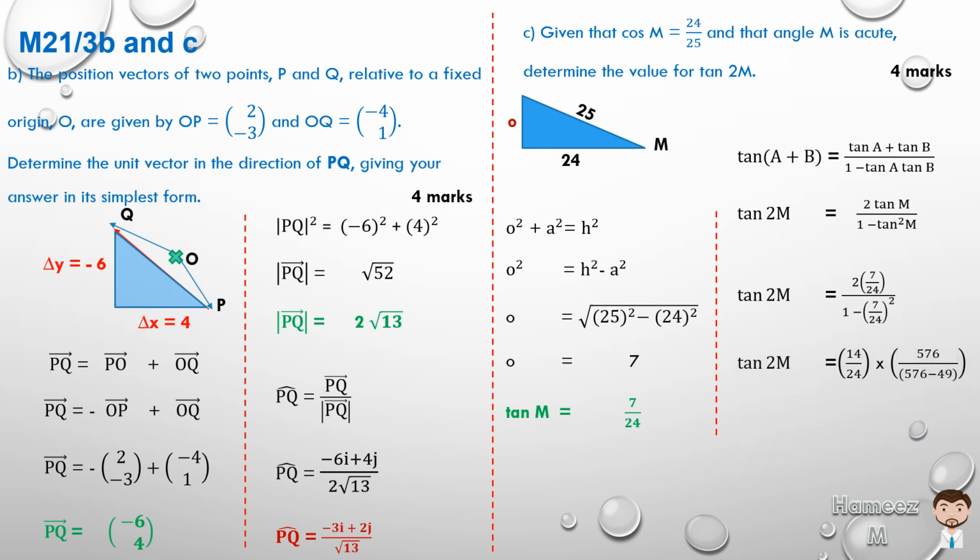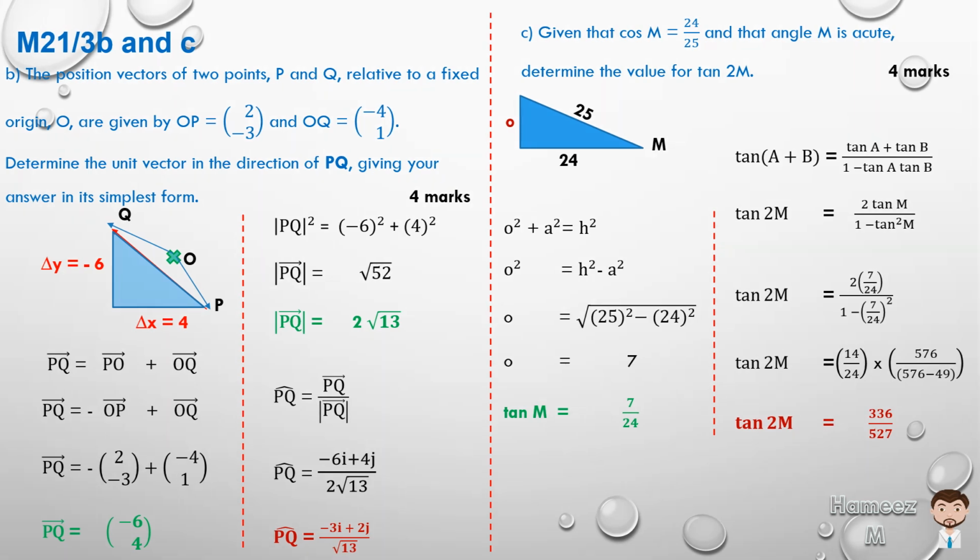And 2 times 7 is 14 over 24, multiplied by the reciprocal of the denominator, which is 24 squared, which is 576, over 576 minus 7 squared, which is 49. So using our calculators, we can simplify, and that will give us 336 over 527.